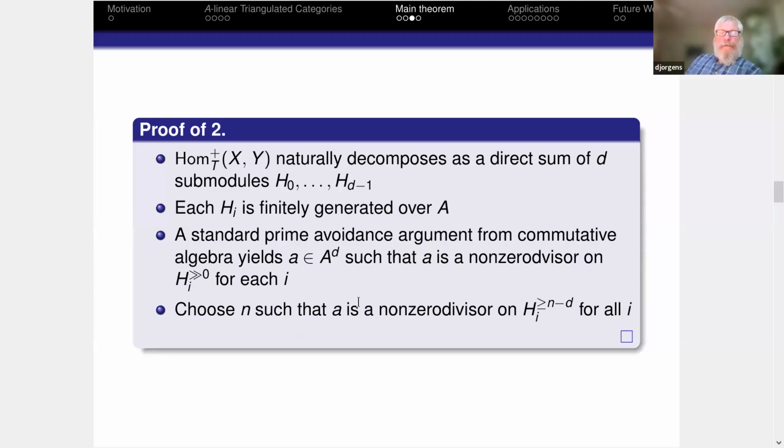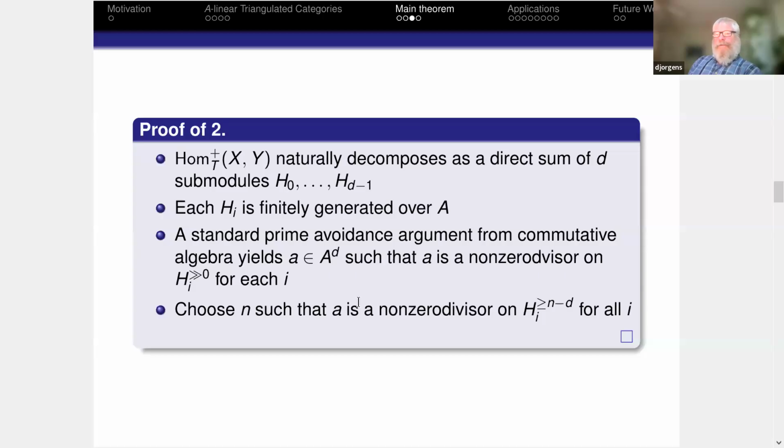Okay. In the second case, well, the same thing. The Hom plus decomposes as a direct sum of d submodules. And again, each of those submodules is finitely generated over your commutative algebra A. And in this case, because of that infinite residue field or subfield in either case, you can use a standard prime avoidance argument to prove that there's an element.